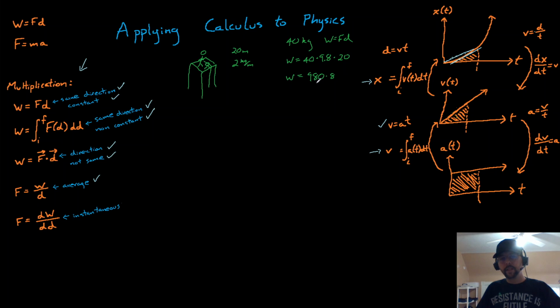Well, 8,000 minus 160 should be 7,840. So we're going to have 7,840 joules. Let me check that with a calculator.